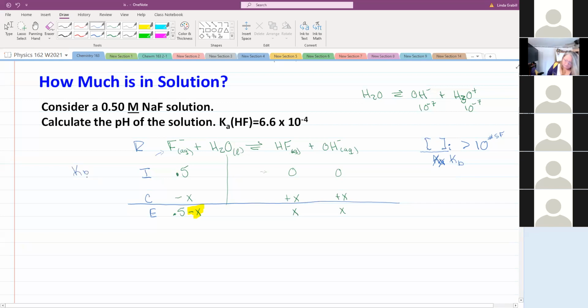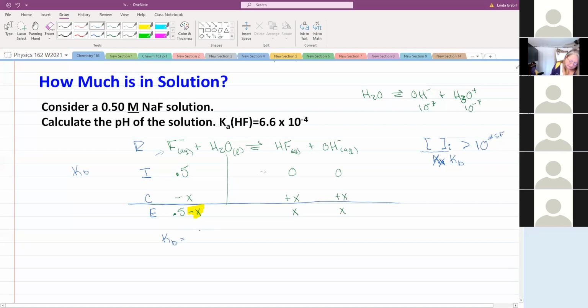Oh, and spoilers, you can ignore the negative X. Did you already look at that? I got Kb equals 1.515 times 10 to the negative 11. So how did you get your Kb?